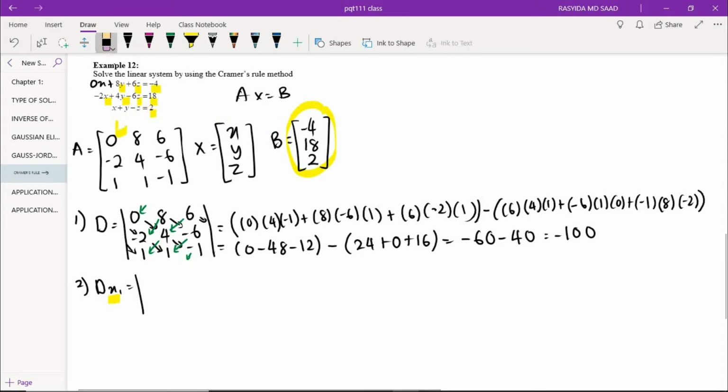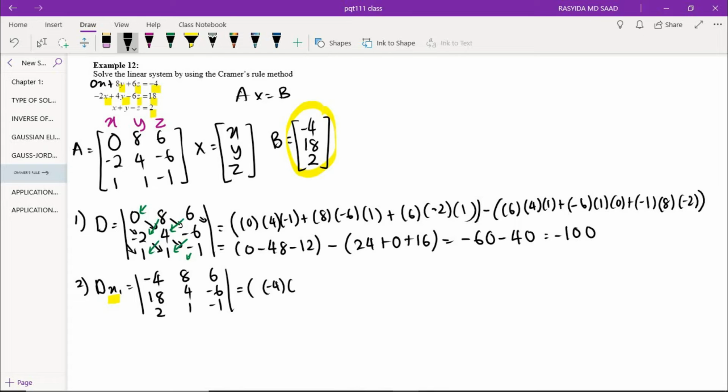Okay, into this one, x1, our x, or for this case our x, y, and also z. So negative 4, 18, 2, 8, 4, 1, 6, negative 6, negative 1. So try to solve it by using the third order determinant.